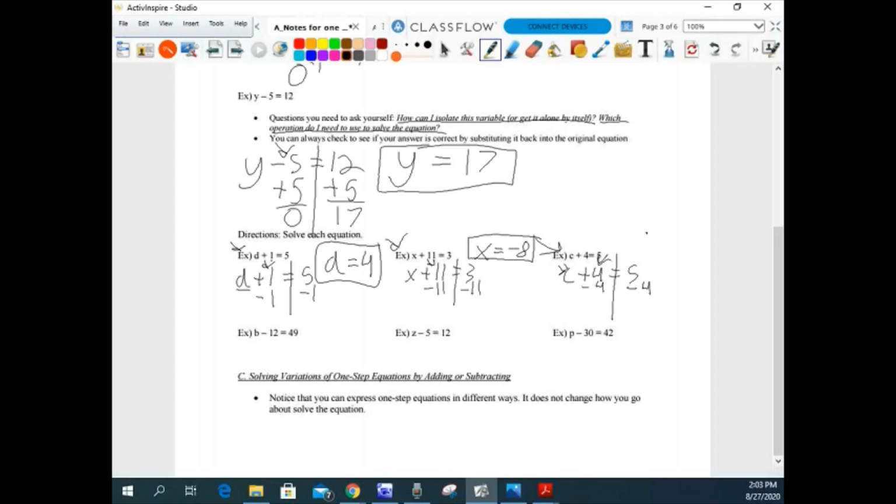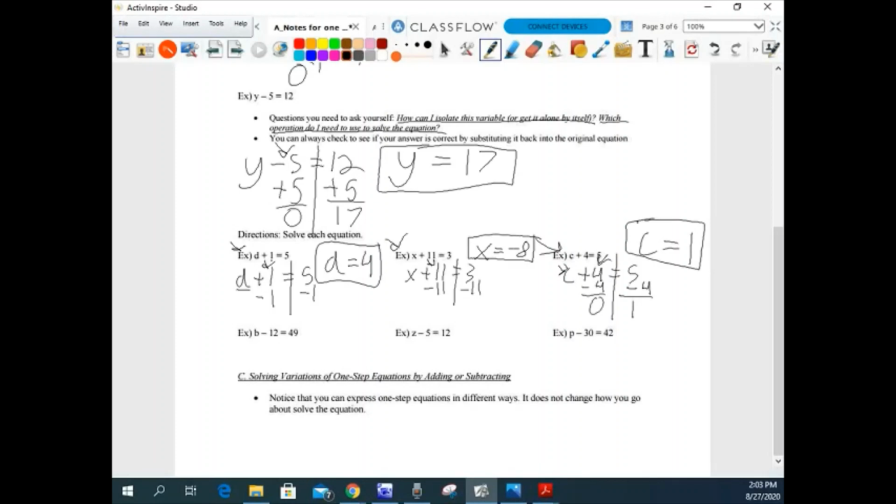That will give me c by itself. 4 minus 4 is 0. 5 minus 4 is 1. And do not forget the equal sign in between. c equals 1. Okay? Now, let's move on. Don't forget, we will have these 3 on the bottom open for you guys to do here in a bit. Okay?